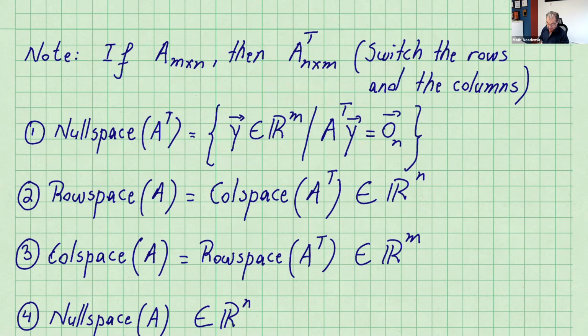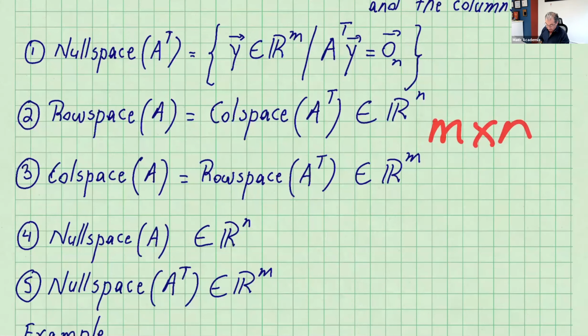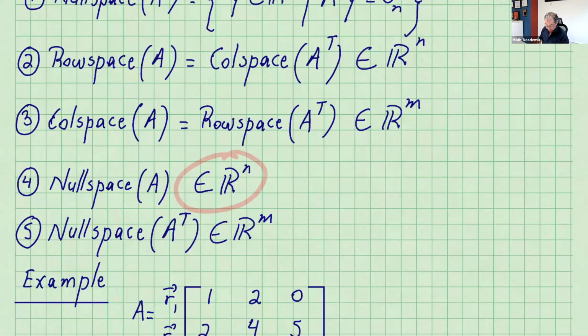I will show you an example. The row space of A is the same thing as the col space of A transpose, that's in Rn. The col space of A is the same thing as the row space of A transpose, and that's in Rm. Again, we're always talking about an m by n matrix. And the null space of A is in Rn, and the null space of A transpose is in Rm.